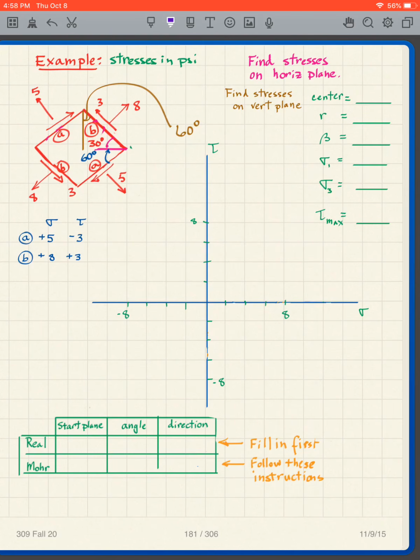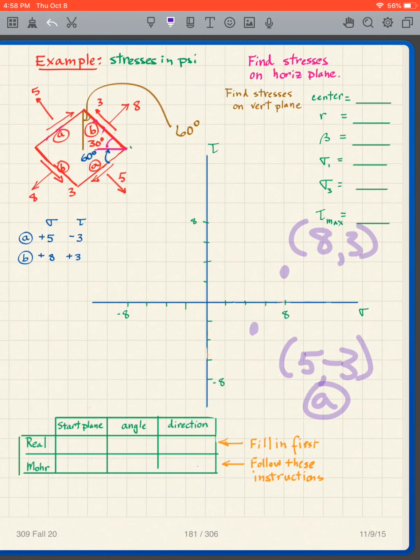So I have 5, negative 3, and that is plane A. And then I have 8, positive 3, and that is plane B. Draw a line between them. That gives me my center, which is 6.5.